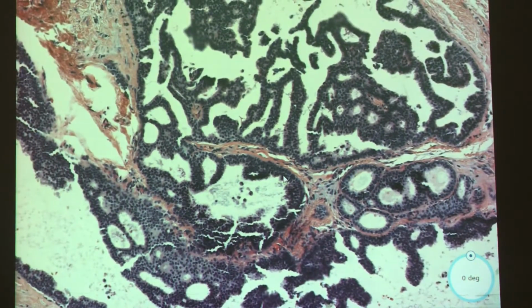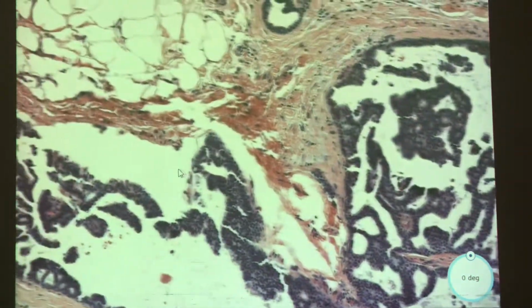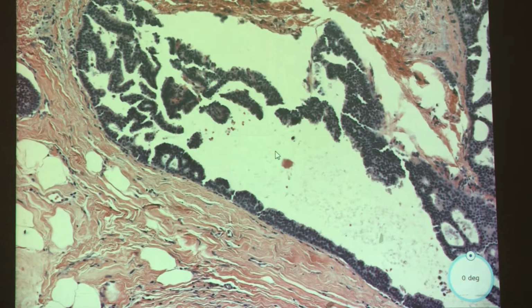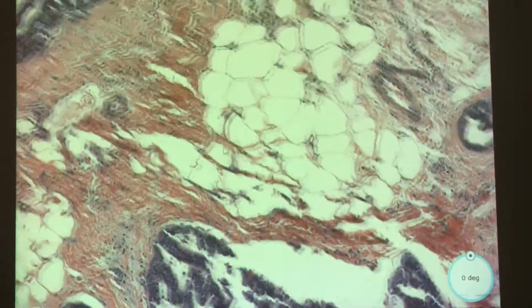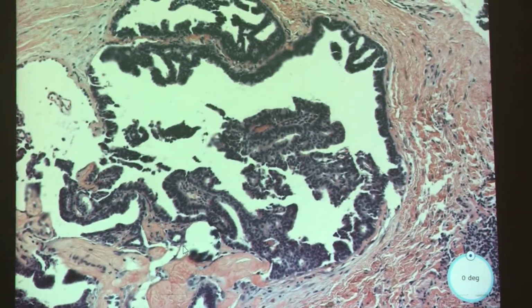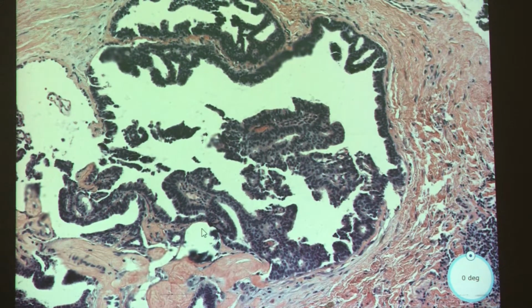Okay. But there are these vascular pores here that suggest possible papilloma. But the major finding, I would say, is probably ADH within a papilloma. Within a papilloma? Yeah. Okay.